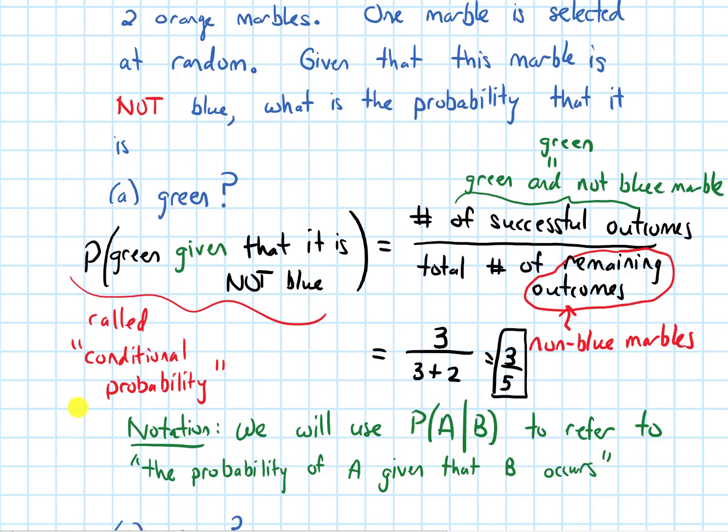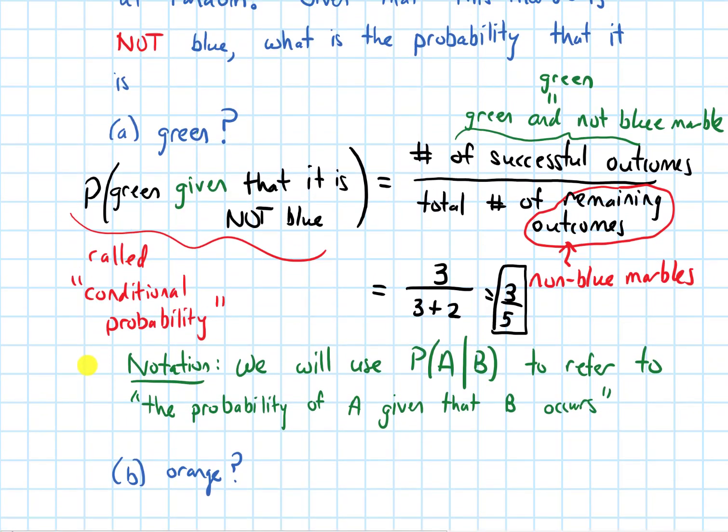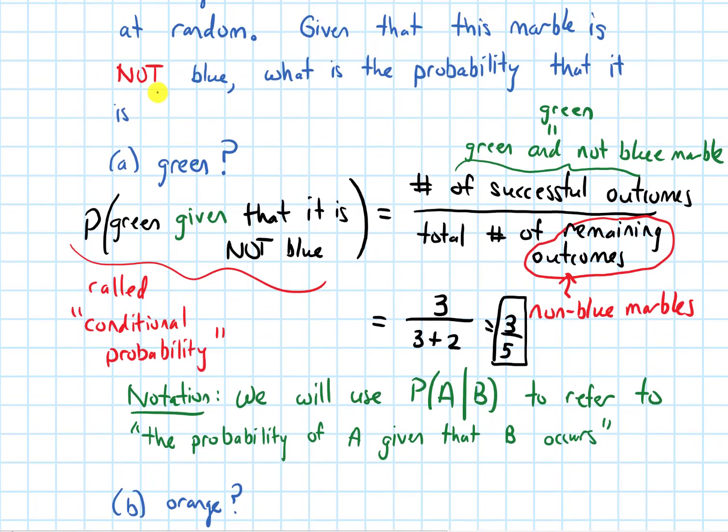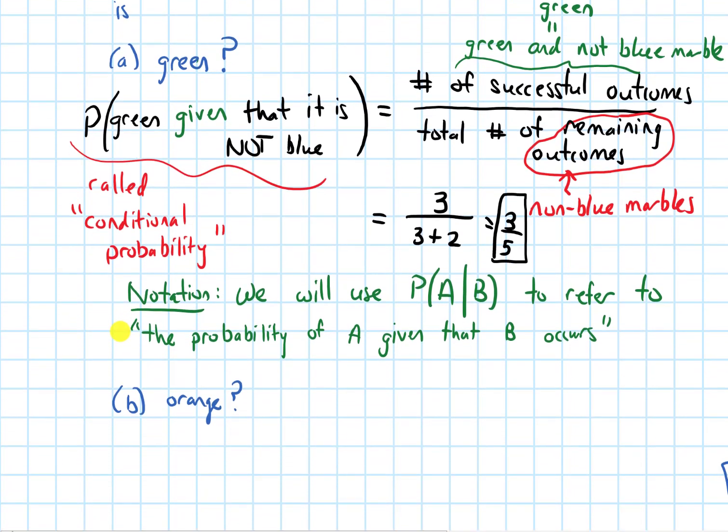So let's practice this with another part to this example. Now let's find, given that this marble is not blue, what's the probability that it is orange? So we want to find the probability that the marble is orange, given that, so that's my vertical line, given that it is not blue.